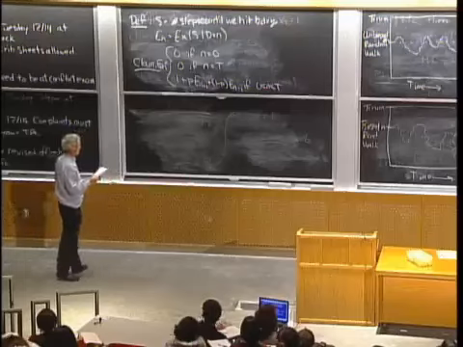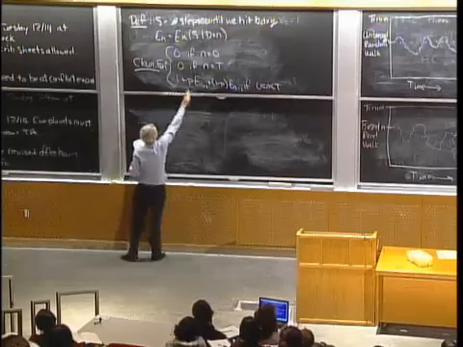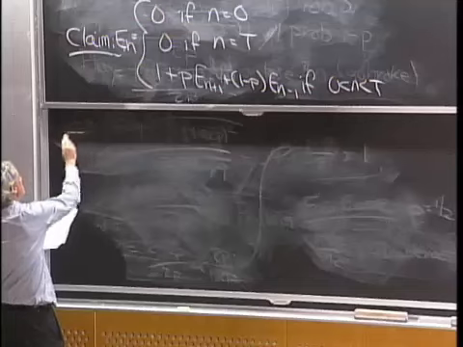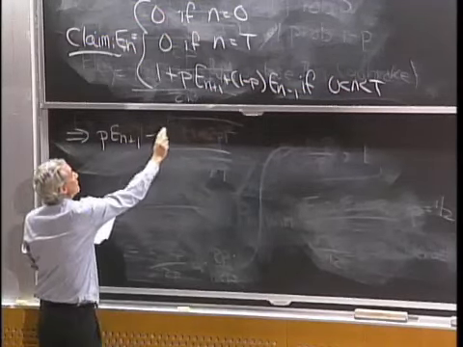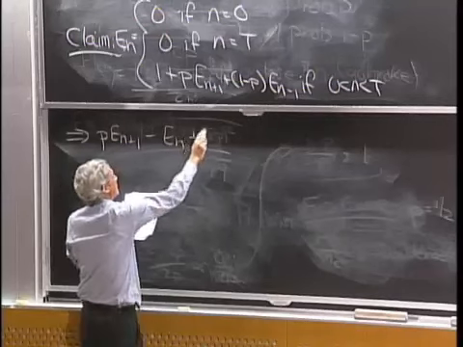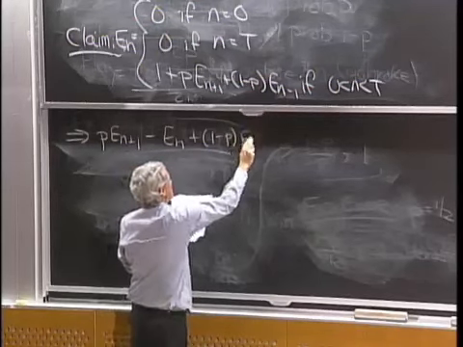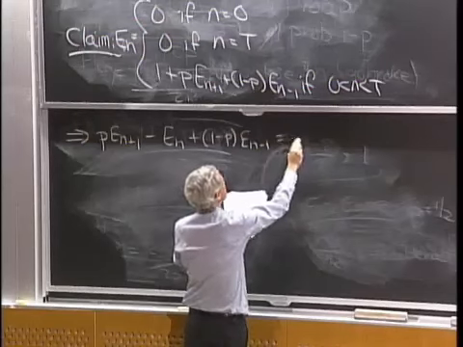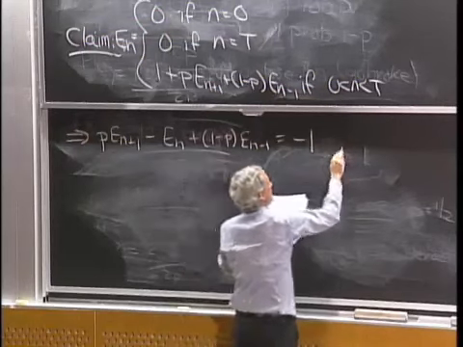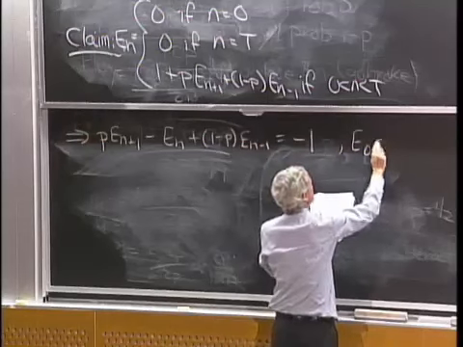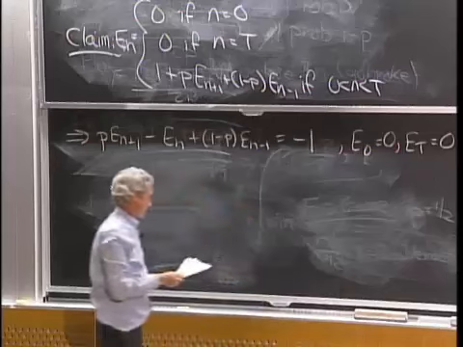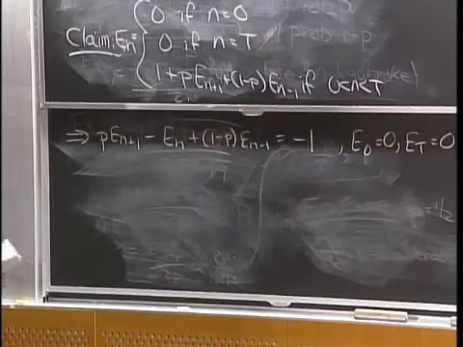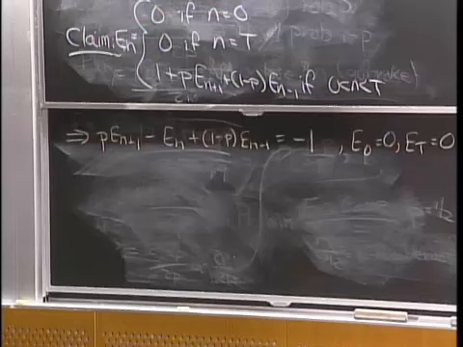So let's see what the recurrence is. I'll rearrange terms here to put it into recurrence. I get p E(n+1) minus E(n) plus (1 minus p) E(n-1) equals minus 1, not 0. And the boundary conditions are E0 is 0 and ET is 0. What's the first thing you do when you have an inhomogeneous linear recurrence?